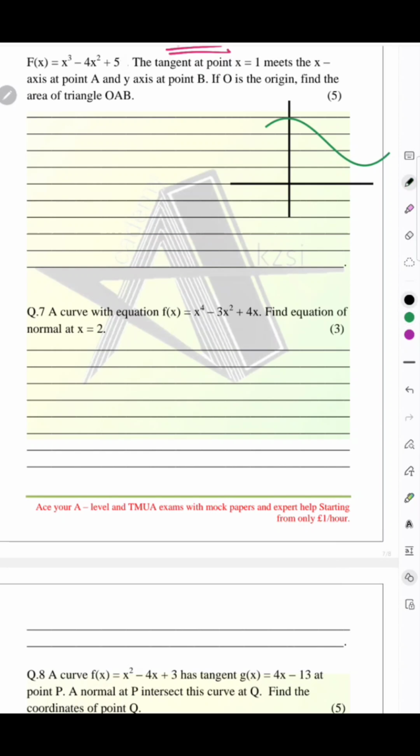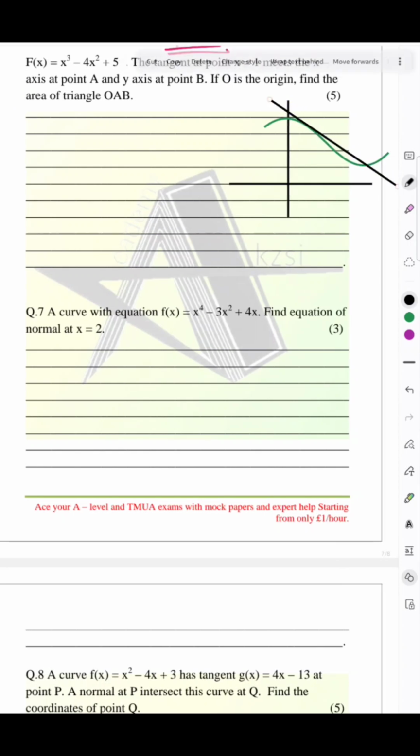Now we have a tangent at the point x equals 1. Let's say this is the point at x equals 1, something like this. So this tangent meets the x-axis here at point A and the y-axis here at point B, and this is O, that is the origin. Obviously this is a tangent at one point, and it is cutting the curve at another point.